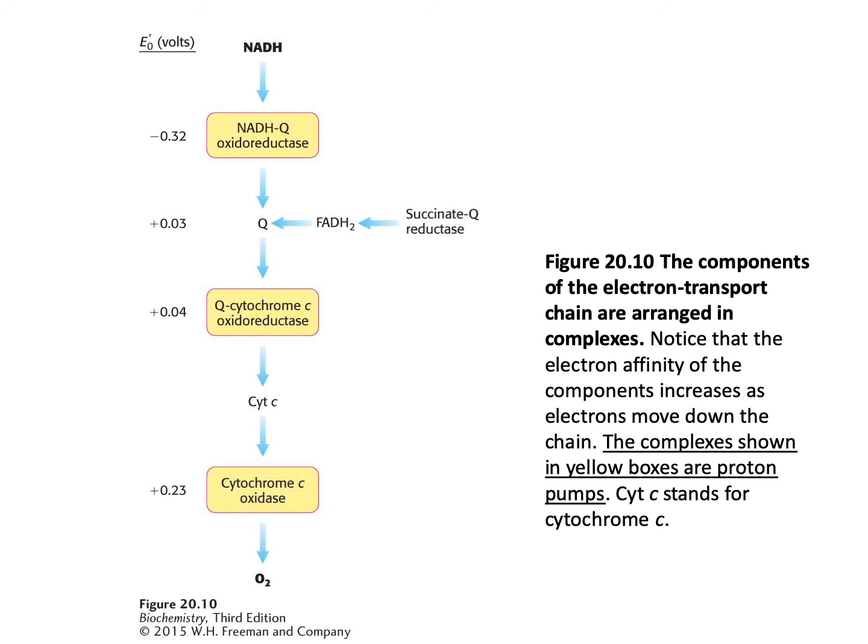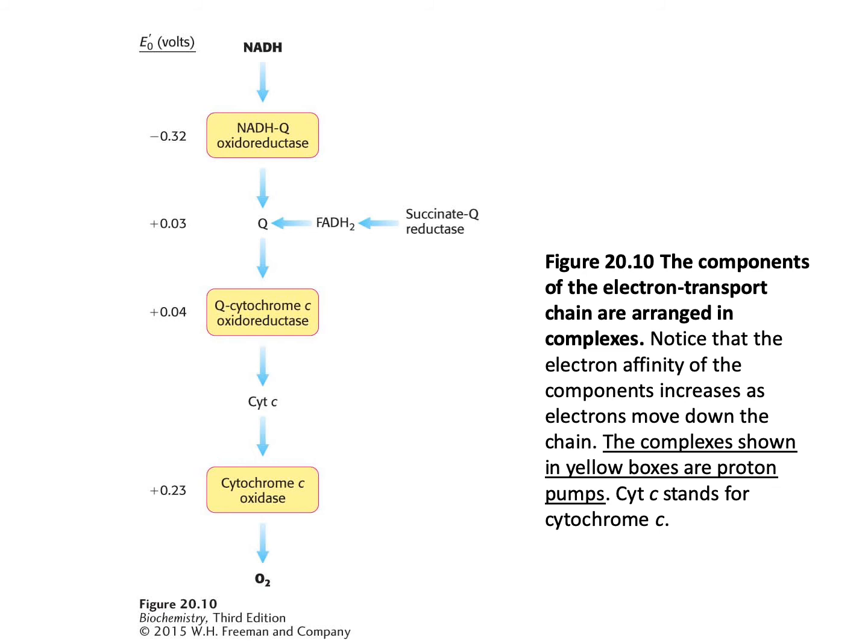Let's look at the electron transport chain again. We can see NADH introduces electrons into the chain through NADH-Q oxidoreductase, while succinate-Q reductase introduces electrons from FADH2 into the transport chain. And see on the left that the potential, the electron affinity, starts with some negative number all the way down.